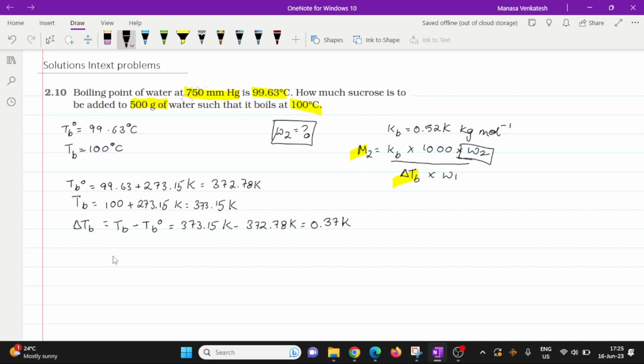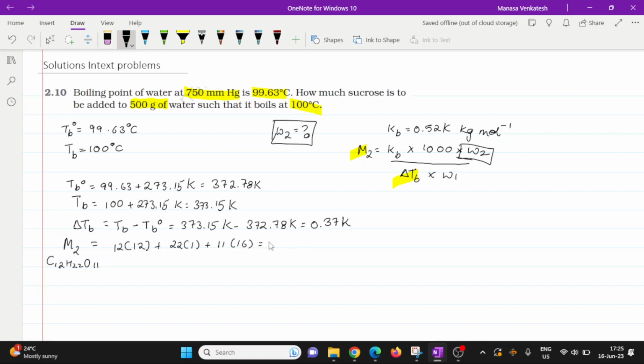The next one is calculation of M2. First of all, I'm assuming we know the formula of sucrose is C12H22O11. So we can calculate the molar mass of sucrose. 12 into 12 plus 22 into 1 plus 11 into 16.